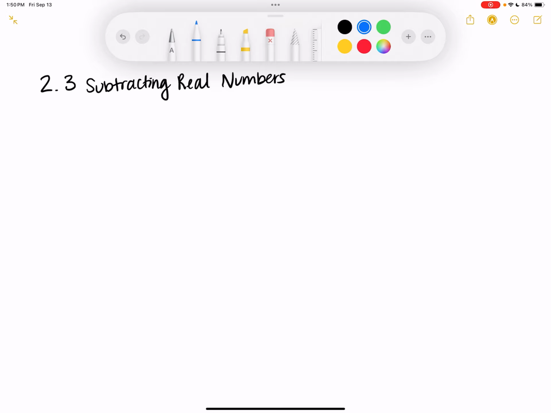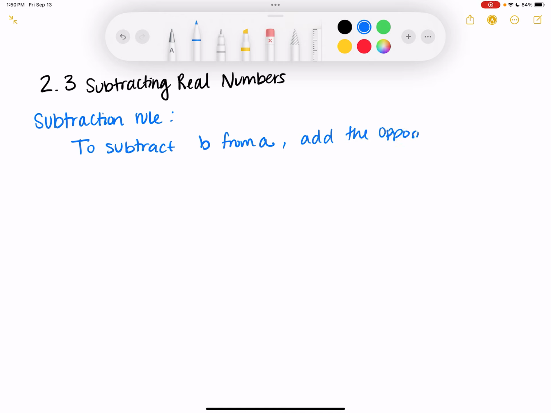So the subtraction rule. To subtract B from A, add the opposite of B to A. So if I have A minus B, that's the same as A plus negative B, which is the form that we saw yesterday.